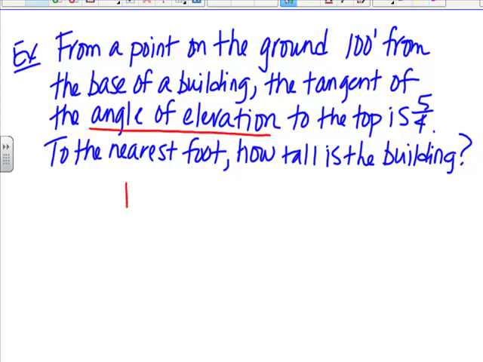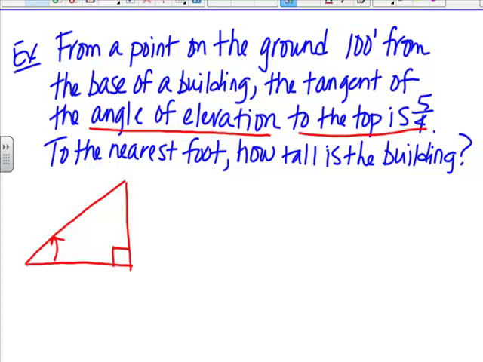So, I'm going to go ahead and draw the building. There's my building. Angle of elevation, if you remember, means the angle looking up to something. So this is the angle that I care about. To the nearest foot, how tall is the building?